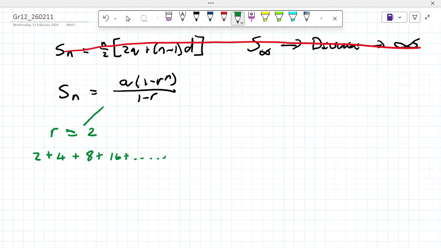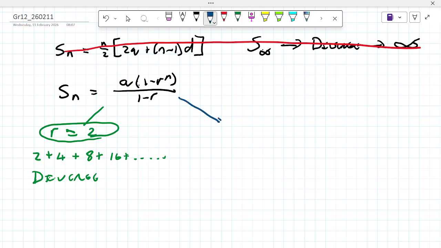Now, the first thing that we can see, if this r is positive, this series also diverges. Can you see that? That's scenario 1.